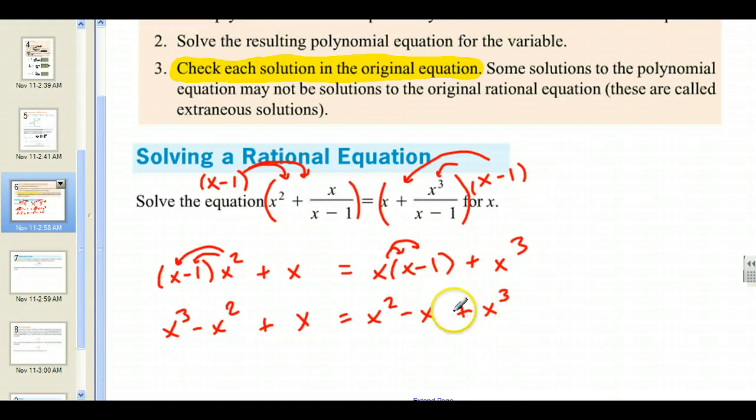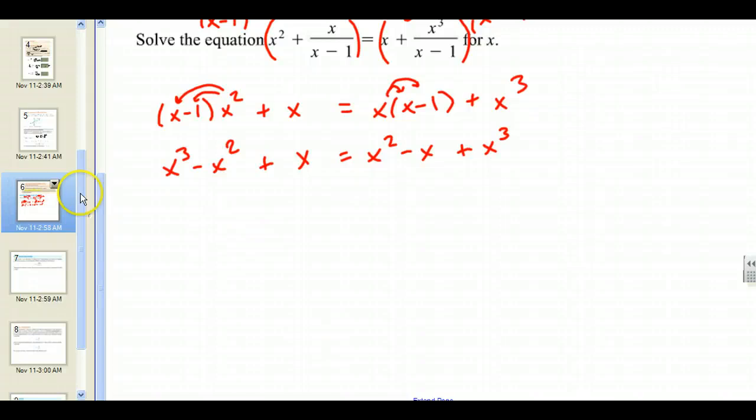Alright, for a polynomial equation, the only methods we've ever talked about in this course to solve them involve grouping everything to one side. So I'm going to collect everything to one side and subtract this x cubed, add an x, and subtract an x squared.